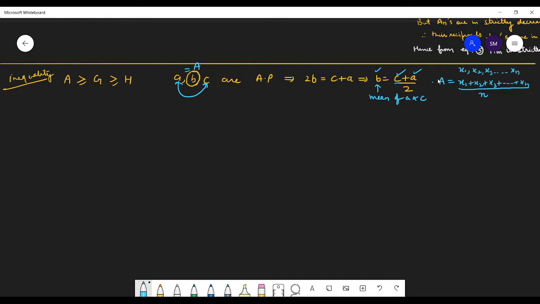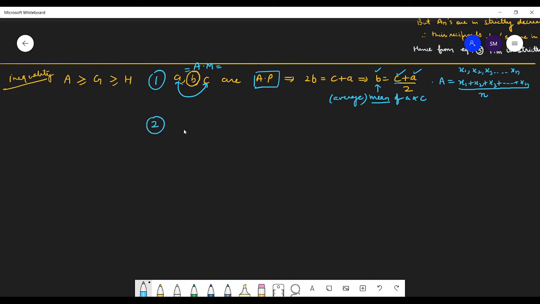In AP, B is your arithmetic mean. Arithmetic mean simply means your average. You are finding the average, or you can simply say mean also. So this is mean, or you can call it average. That's the same thing. Okay students, first concept.